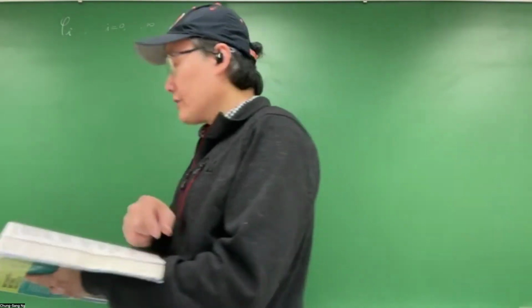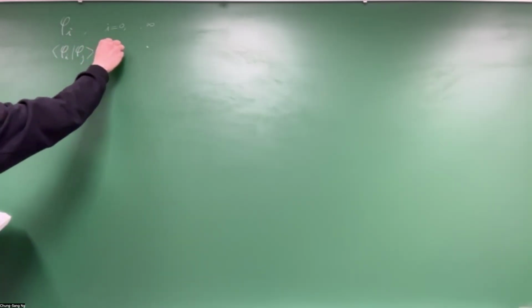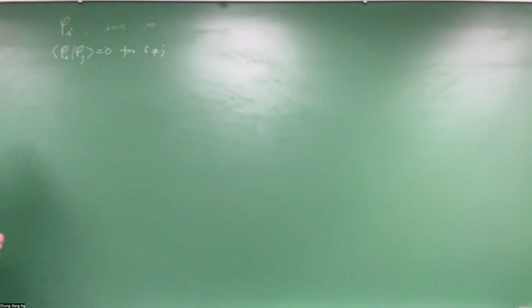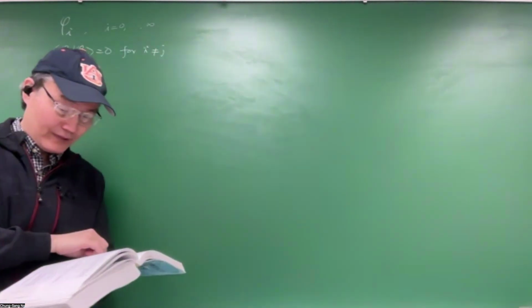And we define the condition for orthogonal: the scalar product of phi i and phi j is 0 for i not equal to j, then they are orthogonal, right?